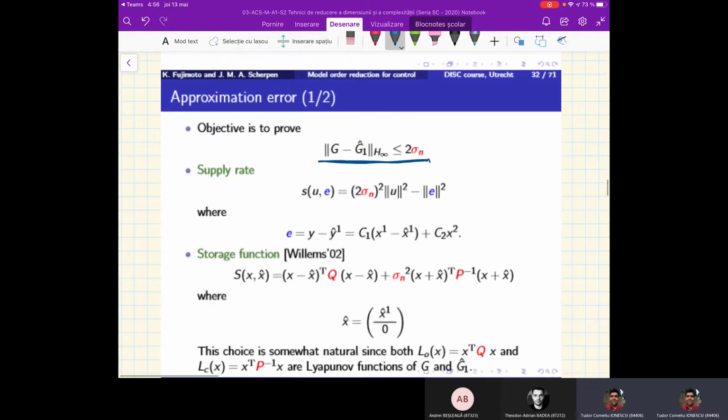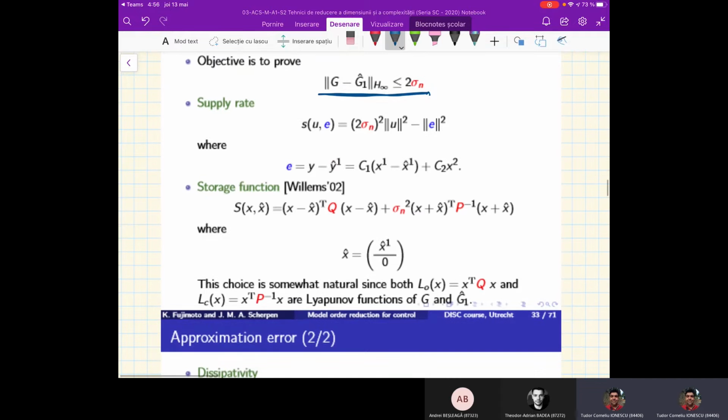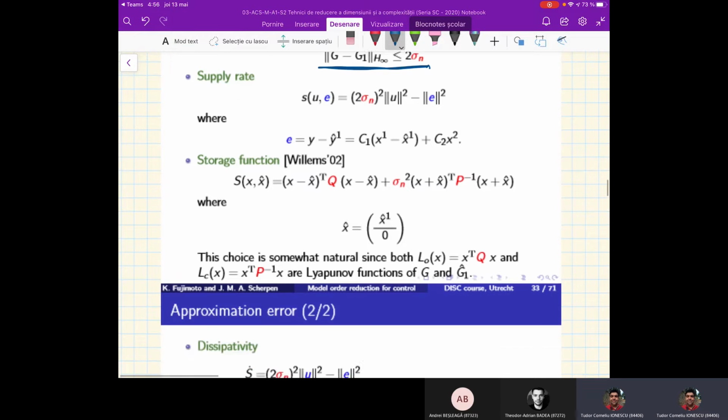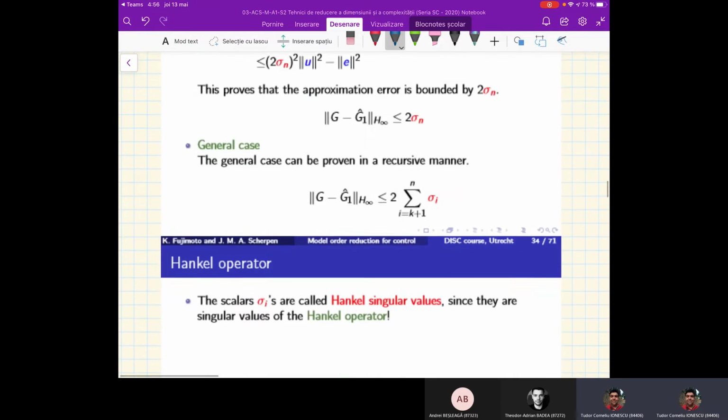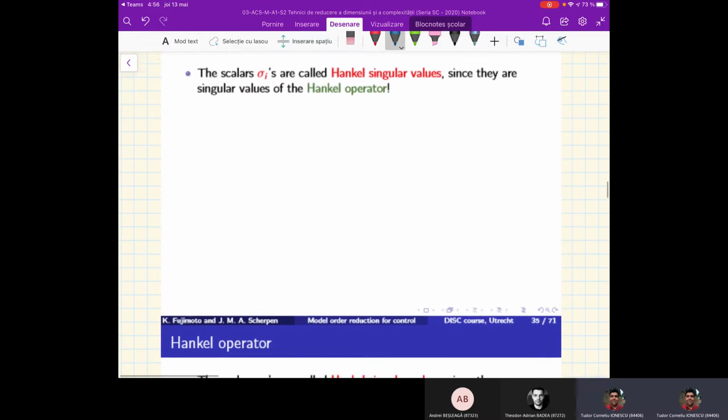We are not going to get into the details of this proof. This is different from the book of Antoulas, where you had a completely different proof. This is a dissipativity perspective proof, a physical system, nonlinear system perspective proof using storage functions. I'm not going to get into this.